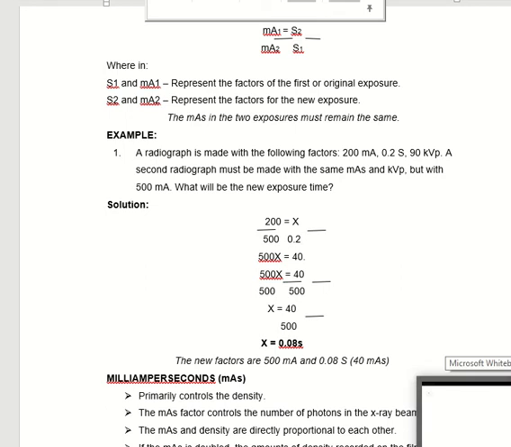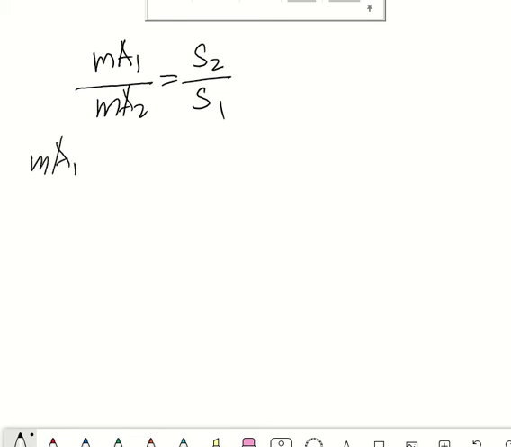So to make it easier, let's transfer to this one. Our formula is mA1 over mA2 is equal to S2 over S1. Okay? S is for seconds, time, and mA is for milliampere. So mA1 is 200 mA.